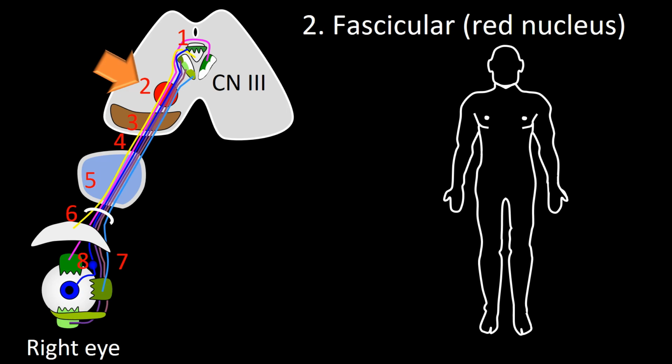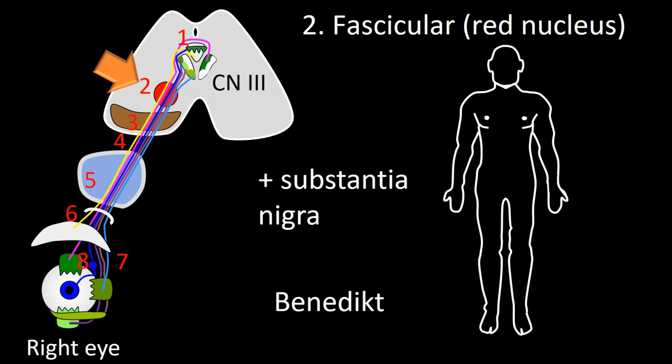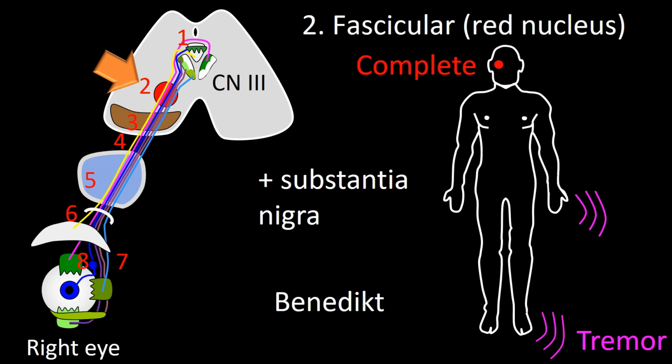At other times, lesions involving the red nucleus, instead of involving the cerebellar peduncles, involve the substantia nigra. This is called Benedict syndrome, and it courses with complete ipsilateral cranial nerve 3 palsy, contralateral tremor that is often overshadowed by the presence of chorea.